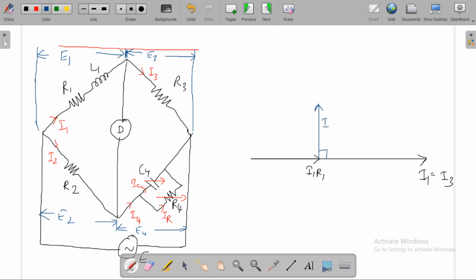So this will be I1 omega L1, the voltage across L1.